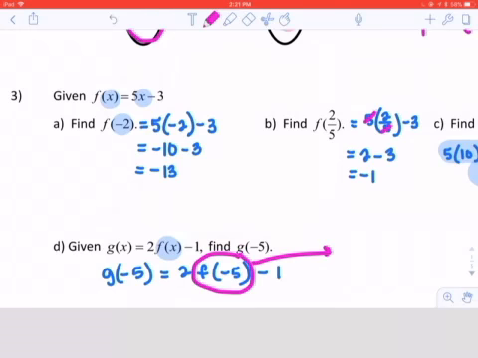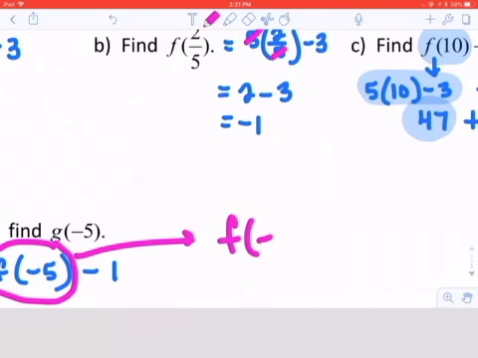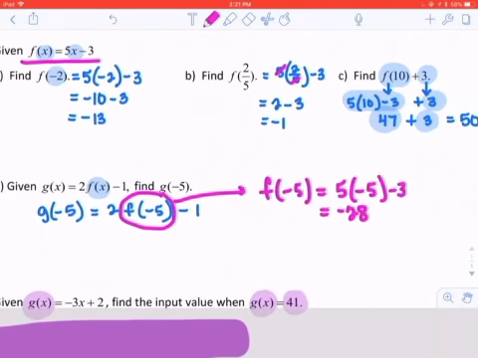So f of negative 5, and we're using this function again, f of negative 5 equals 5 times negative 5 minus 3. That's negative 25 minus 3, which is negative 28. Now, I replace this f of negative 5 with negative 28 because that's what f of negative 5 equals.